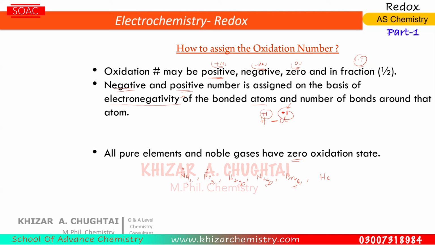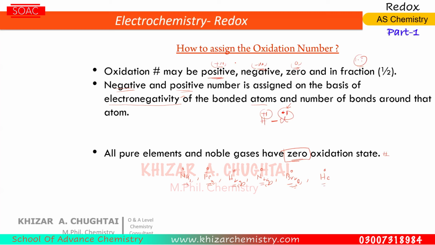All these pure elements have zero oxidation state. If you have a sample of only one type of element, then it has only zero oxidation state or zero oxidation number.